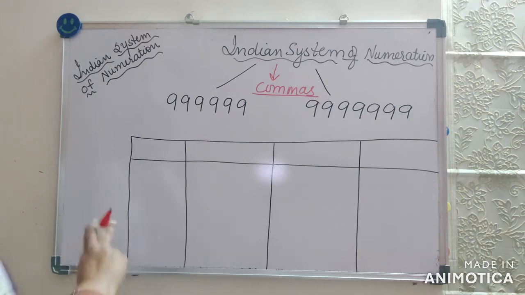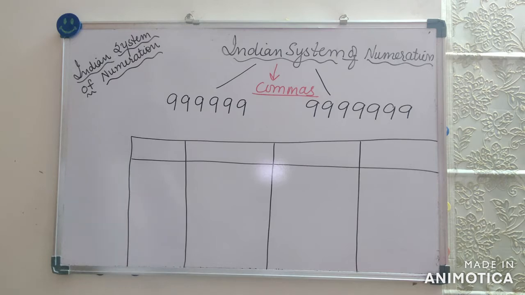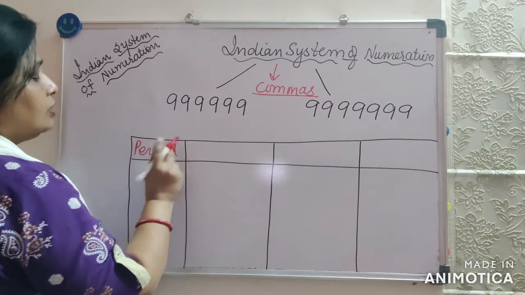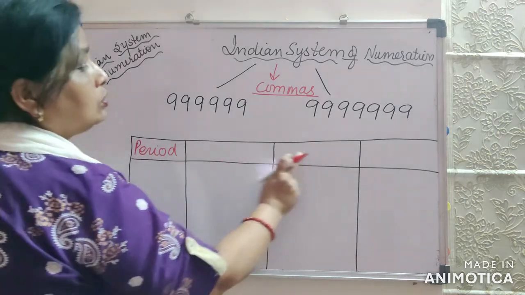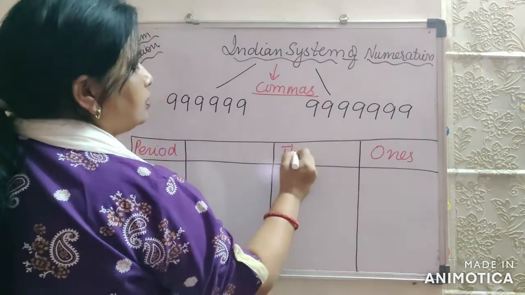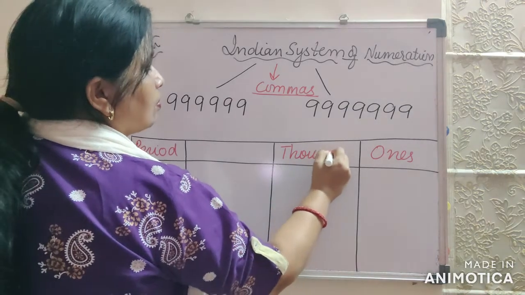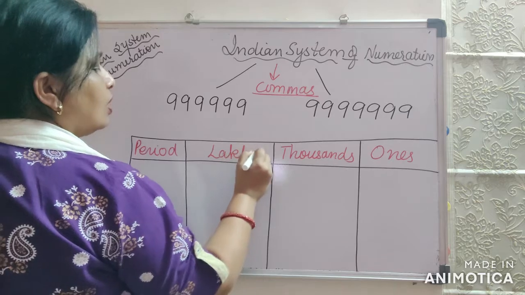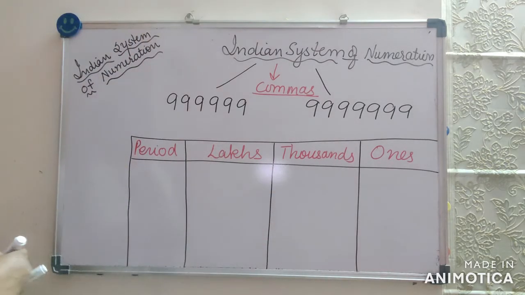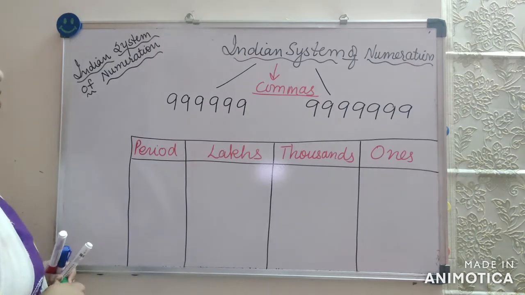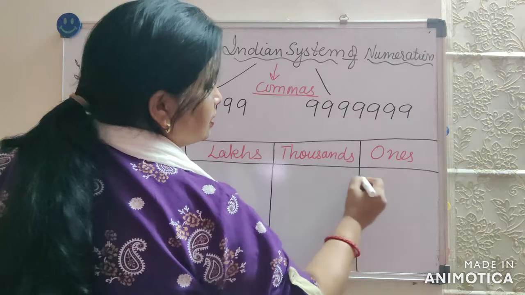So first listen, what is the Indian system? In the Indian system, first is the period. This period is divided into 3 columns, that is ones, thousands and lakhs. Right children? Now again, in the ones period, you will see it is divided into 3 places.